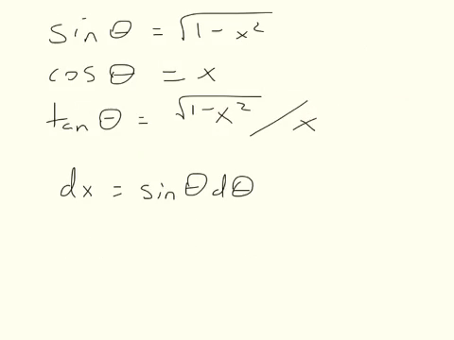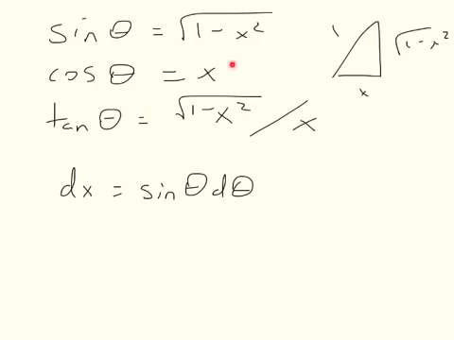From our triangle, and it didn't matter which side got made x or square root of 1 minus x squared, so these two things could be swapped, and we should still get the same value of our integral. But anyway, we take opposite over hypotenuse to get the sine, we take adjacent over hypotenuse to get the cosine, and we could also get the tangent, although we're not going to use it in this problem.